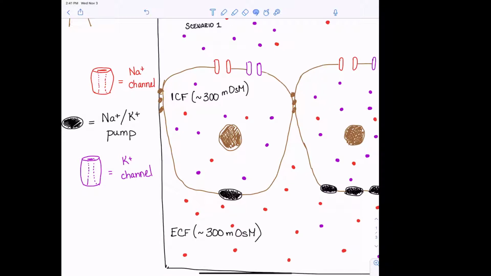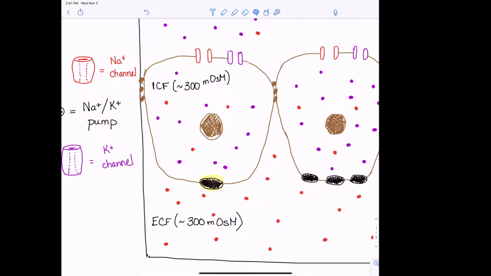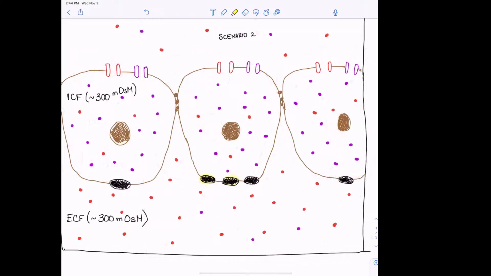In order to secrete additional potassium, I need to reestablish the gradient by pumping more potassium inside the cell. But if I only have a single sodium-potassium pump, I'm only going to pump a little bit more potassium in the cell and therefore only secrete a little bit more potassium.